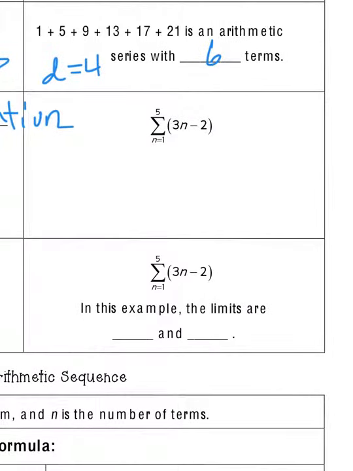So for instance, this is an example of what that might look like. So notice that this n here is equal to 1. That represents your lower bound, or what's called your lower limit. This 5 is called your upper bound.